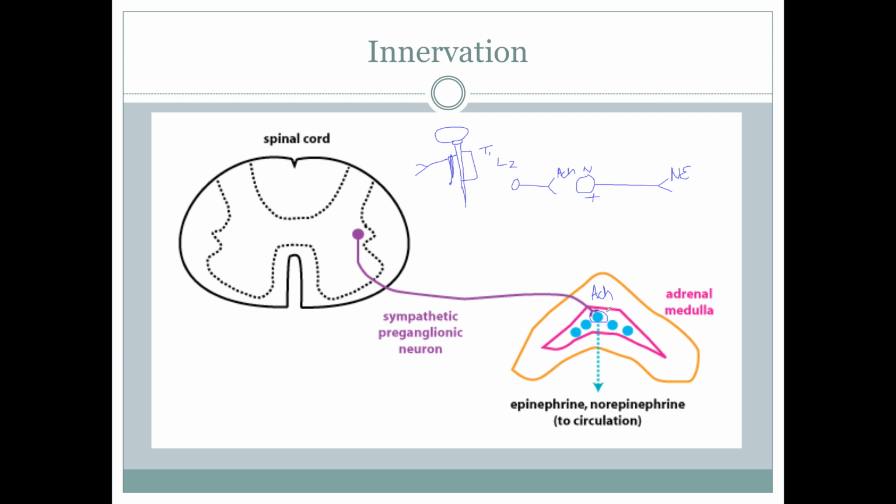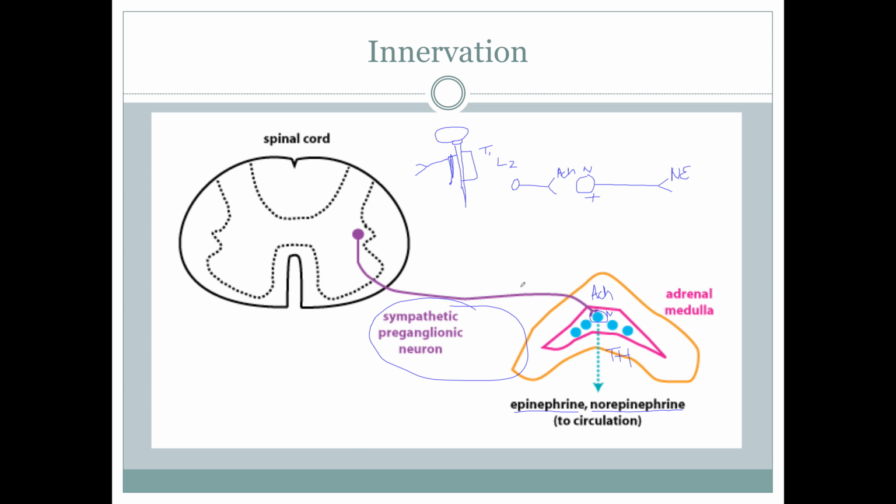That acetylcholine binds to nicotinic receptors on a chromaffin cell. And in response to that, the chromaffin cell, through the tyrosine hydroxylase pathway, can manufacture circulating catecholamines to enhance and prolong the sympathetic response. So those would be either epinephrine and norepinephrine. So this is a modified postganglionic neuron.